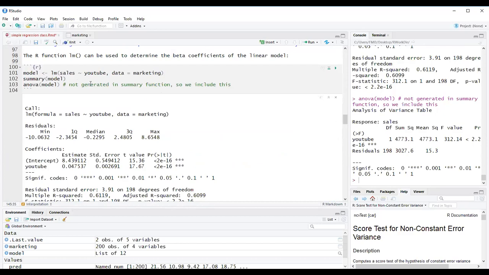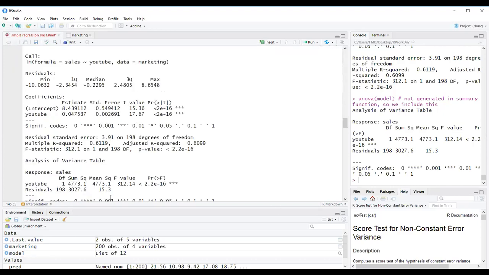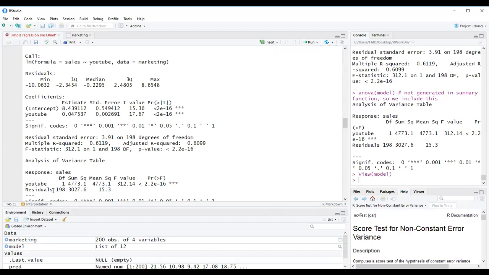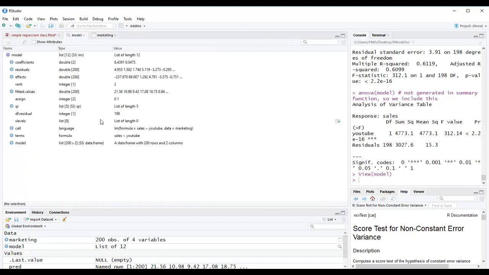Okay, so nag-generate na tayo, di ba, ng object na model. Ito yung model natin. If we take a look at this, itong model, if I click this, ayan. Ano laman ang model niyan?